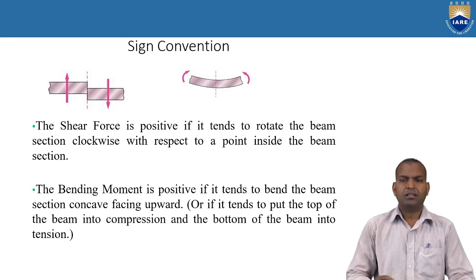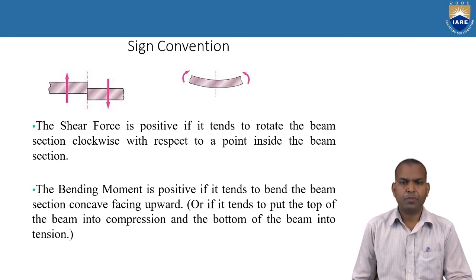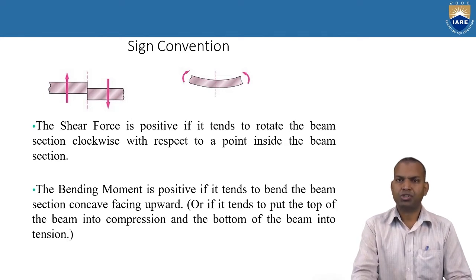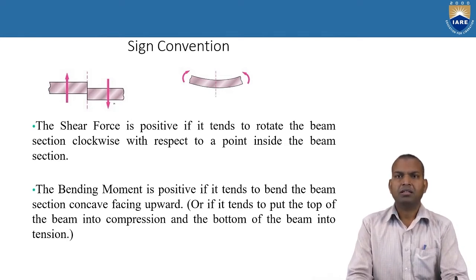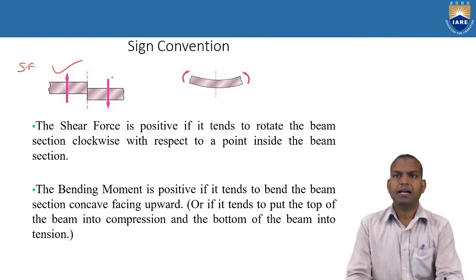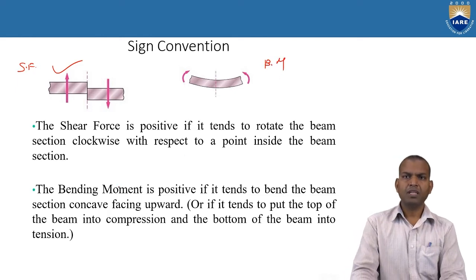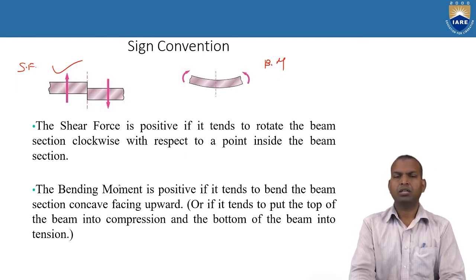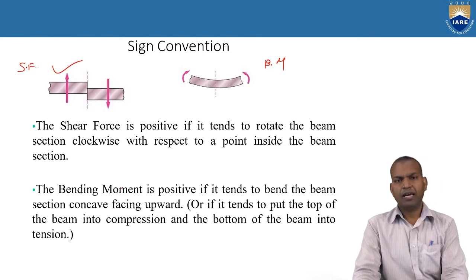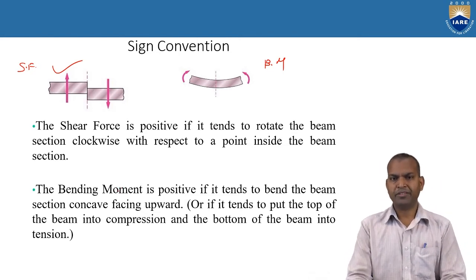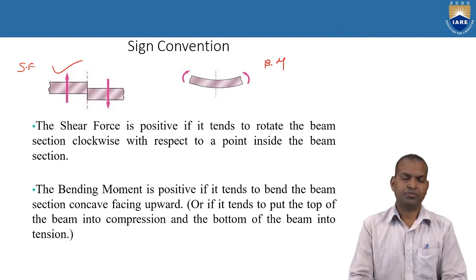The complete calculation of shear force and bending moment values depends upon these two sign conventions: the shear force sign convention and the bending moment sign convention. Shear force value becomes either positive or negative, and similarly the bending moment value becomes either positive or negative.